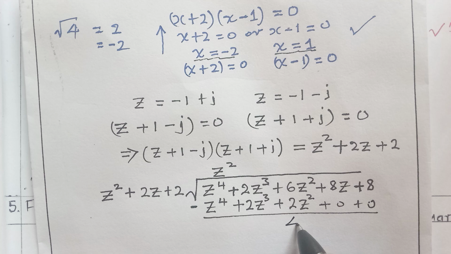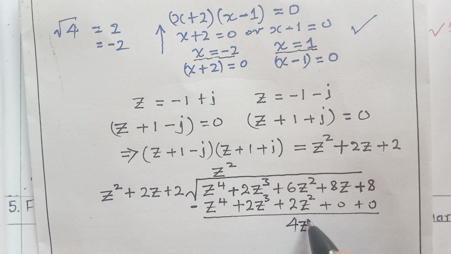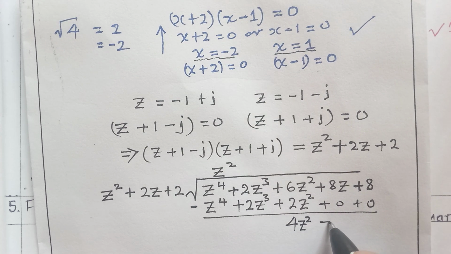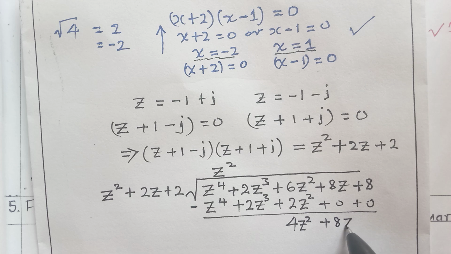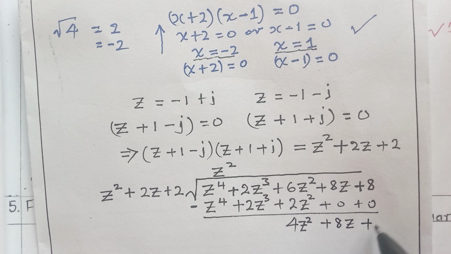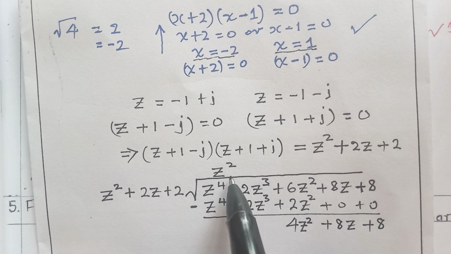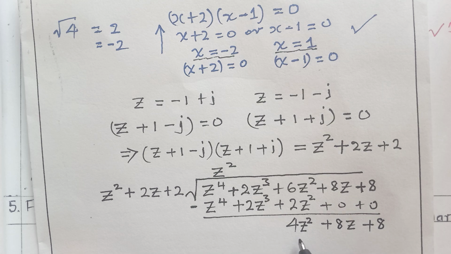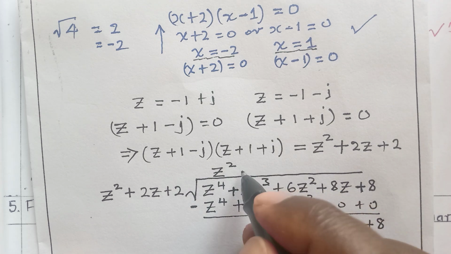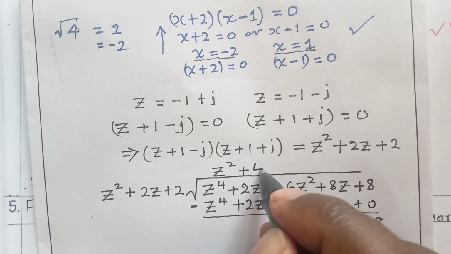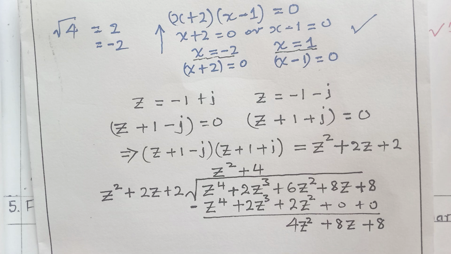This is going to be 4z squared plus 8z plus 8 now. Find another number. If you multiply by this, you get this. Then this one should be 4 now. Think 4 alone.